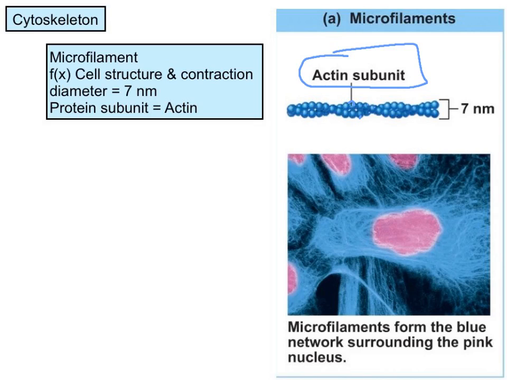Now, on average, the diameter of our actin microfilaments are about 7 nanometers. And again, the protein subunit is actin. And we can see that within our cell, here's the nucleus of our cell, which we'll spend more time talking about, but all these blue fibers, highways, are our actin microfilaments.